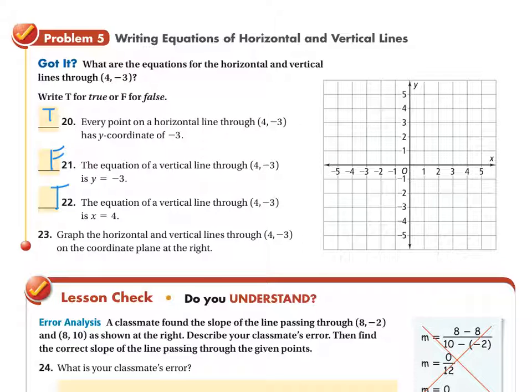So that's what they look like on the graph. So a vertical equation is an x equals number, and the horizontal is y equals. So for our equations here, the horizontal line is y equals -3, and the vertical line is x equals 4.